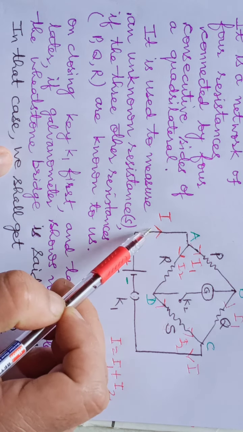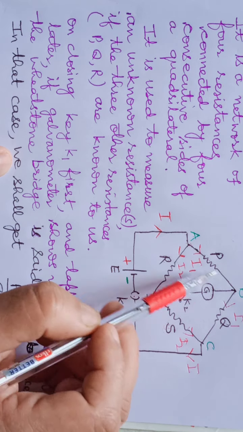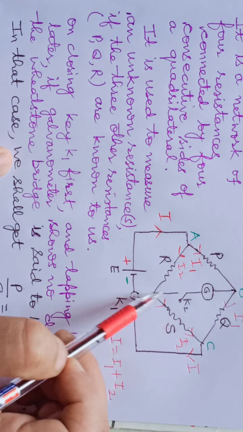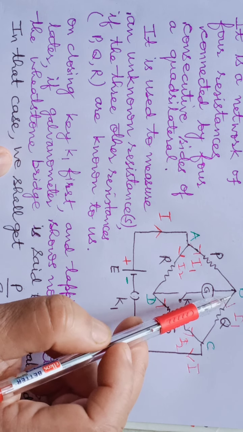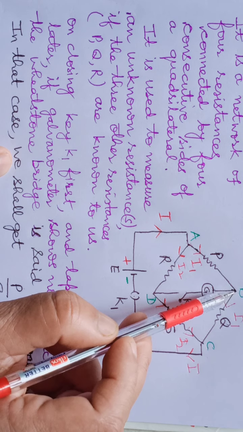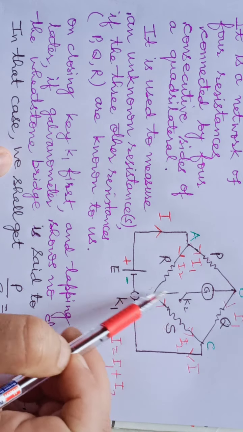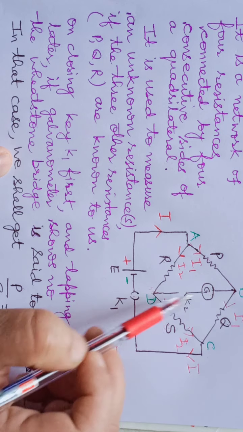So the current has two portions, I1 and I2, flowing through the upper branch and lower branch, and no current is flowing through the BD branch or the galvanometer. Now answer me, why will the current not flow through this branch? What is the condition in which the current will not flow through the BD branch?